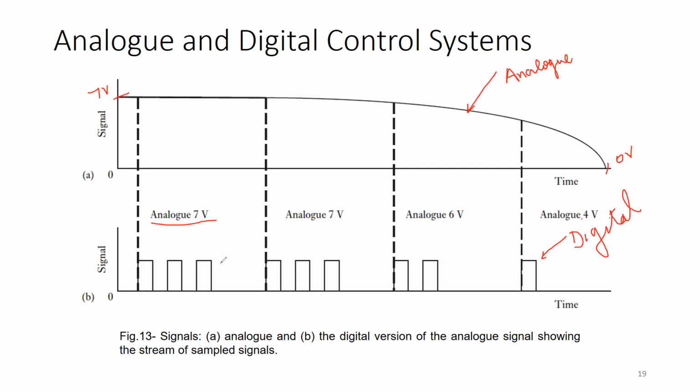And further, when this signal is given out, it is again in the digital form, which needs to be converted again to the analog form. So for example, like we were talking about the air conditioner. If you have set the temperature at 22 degrees Celsius, the microcontroller will not recognize the value 22.